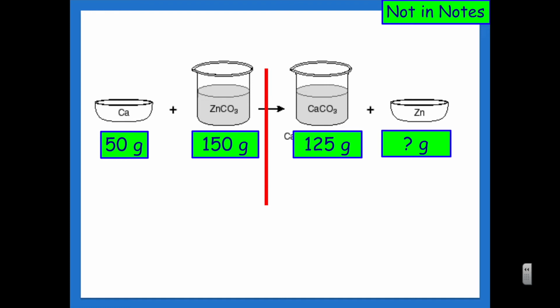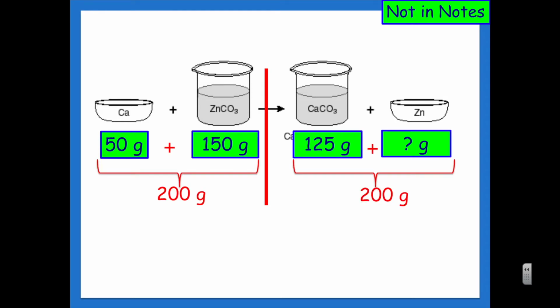Well, the reactants are 200 grams, and so the right side is 125 plus something grams. So that must be 200 grams as well. So this guy, the zinc, must be 200 minus 125, right? Hopefully we're getting that math, and it's 75 grams.